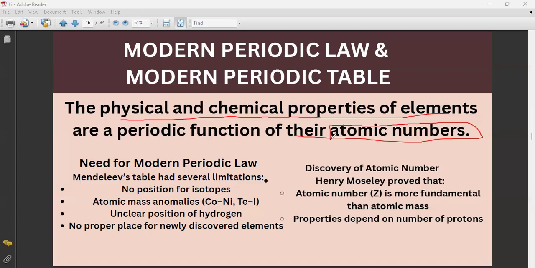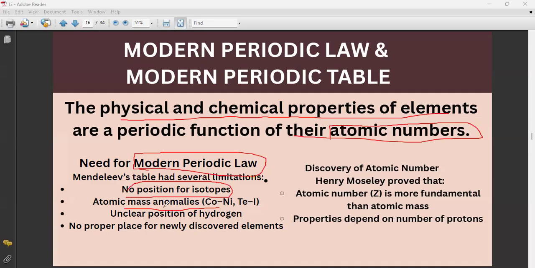Okay, so atomic number is more important than the atomic masses. Now, what was the need for the periodic law? Mendeleev had certain merits, and demerits were also there in the Mendeleev periodic law. There were no isotopes placed in his periodic table, and there were atomic mass anomalies, like we have seen with cobalt and nickel, and tellurium and iodine.